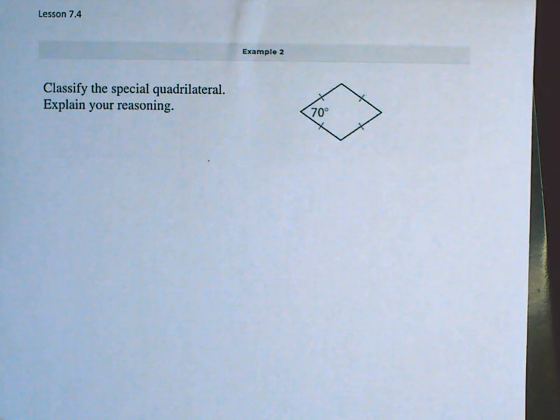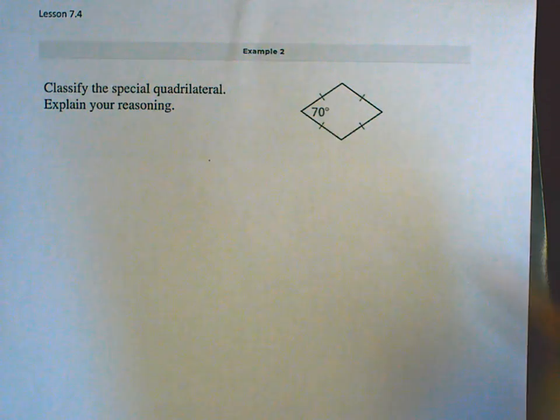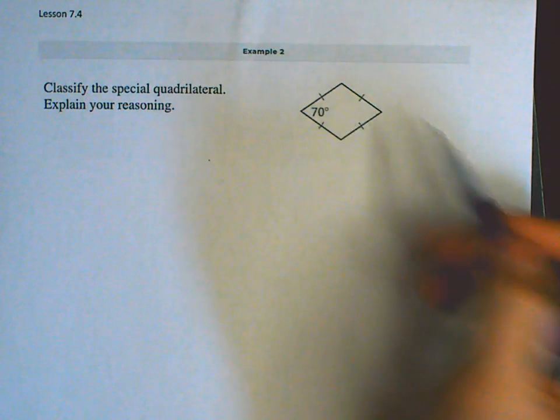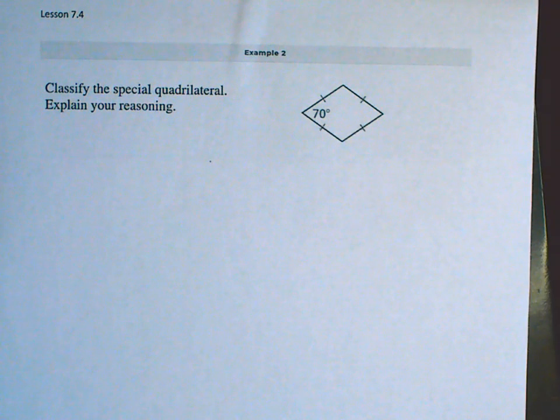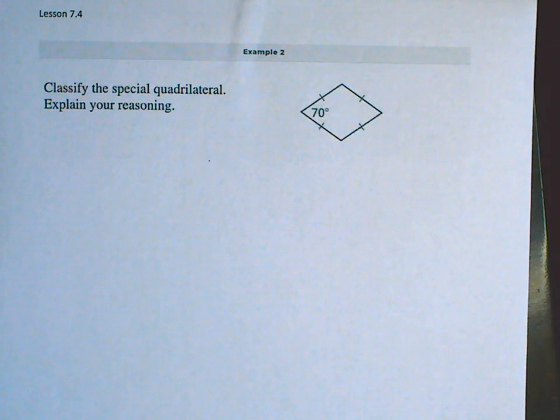Let's look at example number 2. It says classify the special quadrilateral. Okay, looking at this, you see that all the sides here are congruent. So one of the theorems that we did learn is that if you have a quadrilateral where all the sides are congruent, then it's going to be a rhombus.